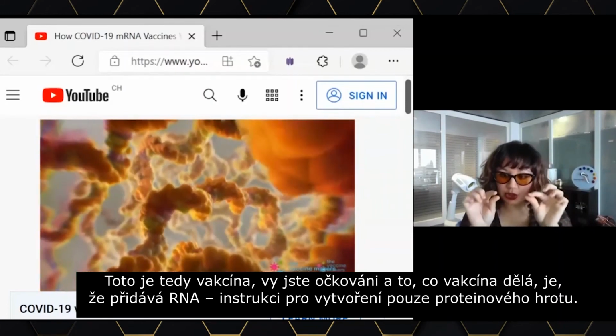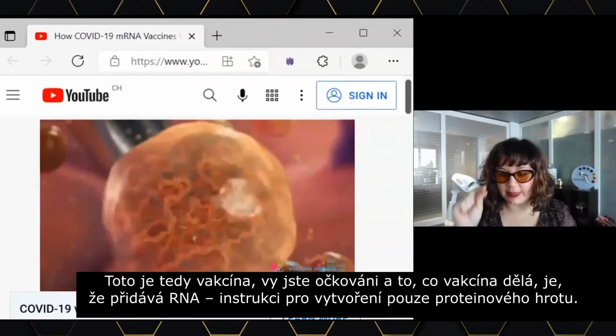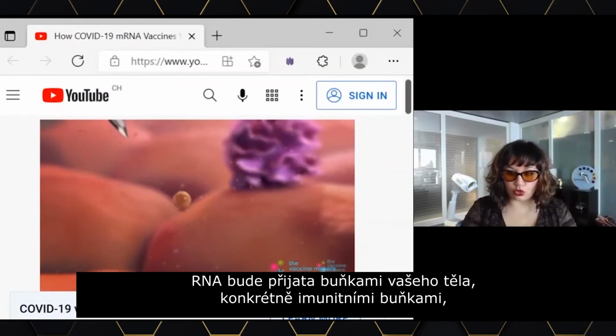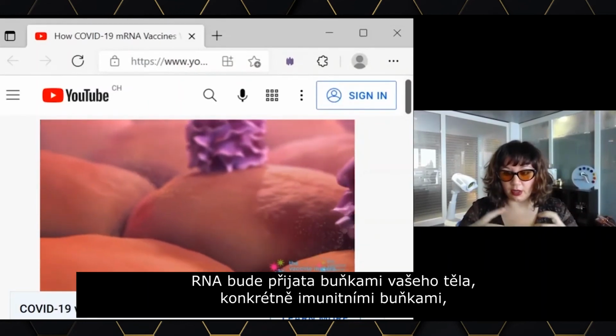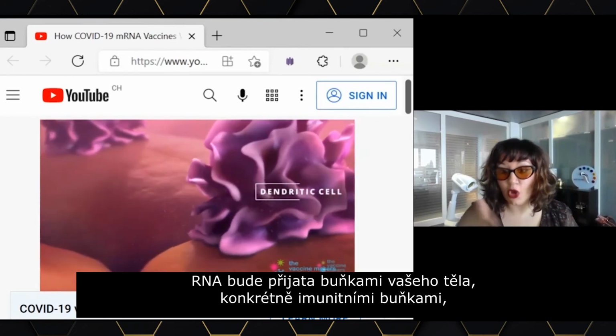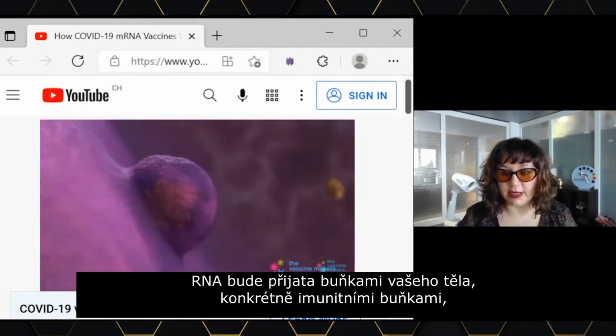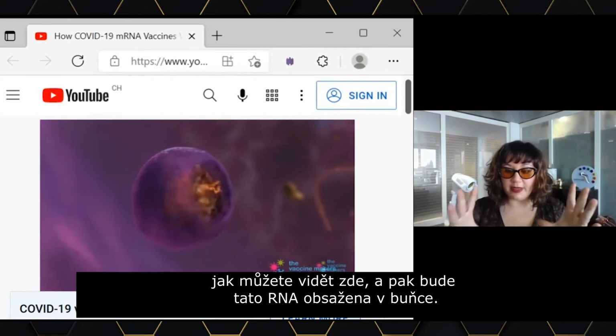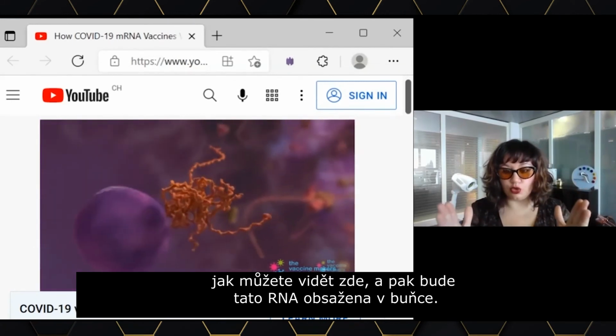Do you see this instruction to construct only the spike protein? So this RNA will be taken by the cells of your body, specifically immune cells, as you can see here. And then this RNA will be in the cell. So the instructions are there to be read.